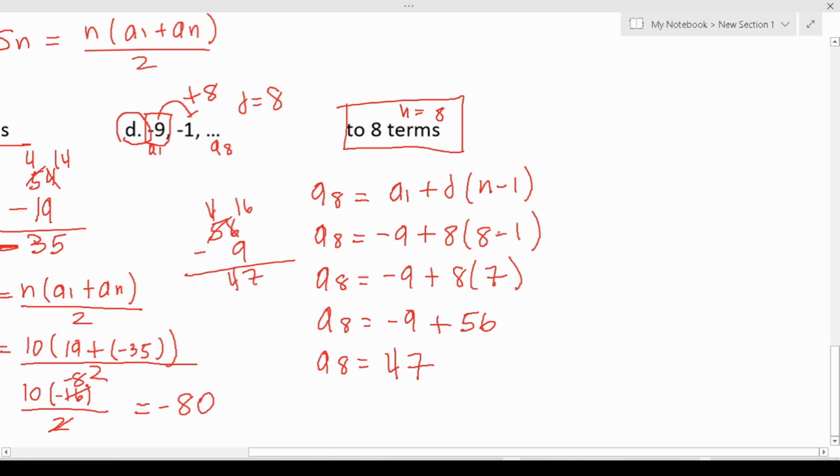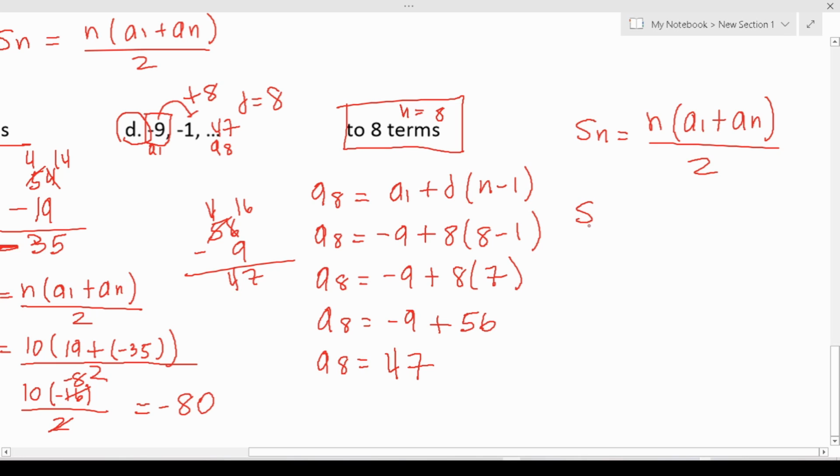All right, so with that, we can figure out the sum of all 8 terms in this series or sequence. It's going to be S sub n equals n times a sub 1 plus a sub n, all over 2. Again, a sub 1 is the first term in the sequence. A sub n is the final term in the sequence, which we figured out to be 47. Let's plug things in and solve.